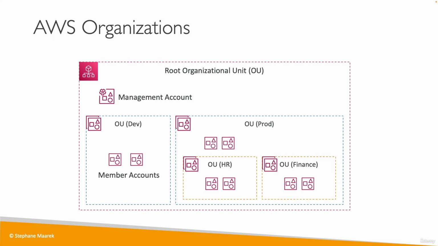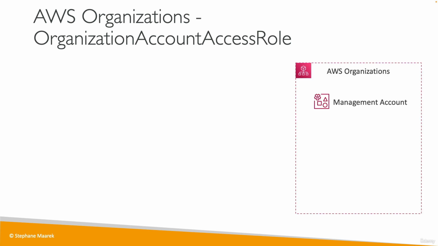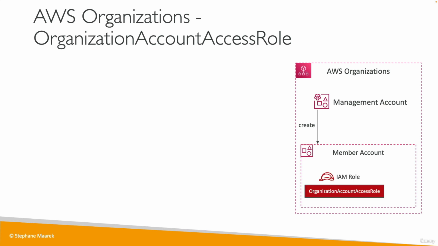So once we have all these accounts, how does Organizations perform its administration? Well, there is a very special role you need to know about for the exam called the OrganizationAccountAccessRole. When we have the organization and the management account, if we happen to create a member account using an API from the Organizations service, then automatically an IAM role within that member account is going to be created.